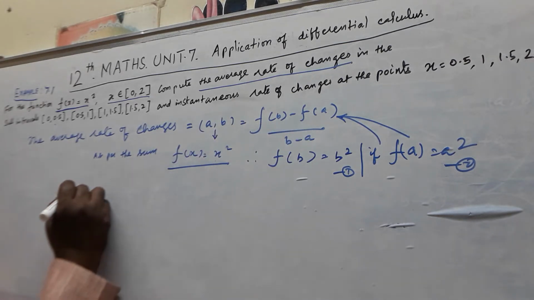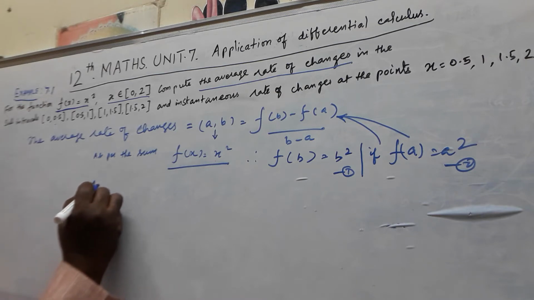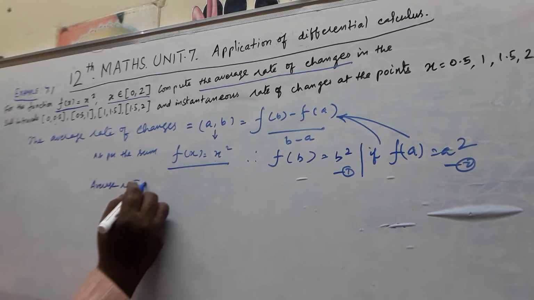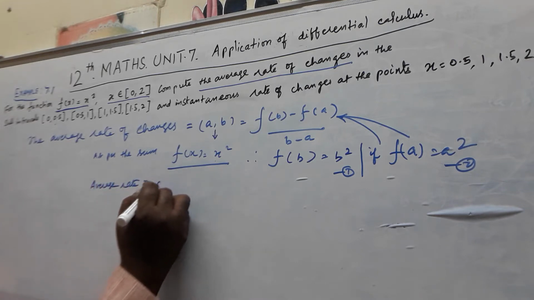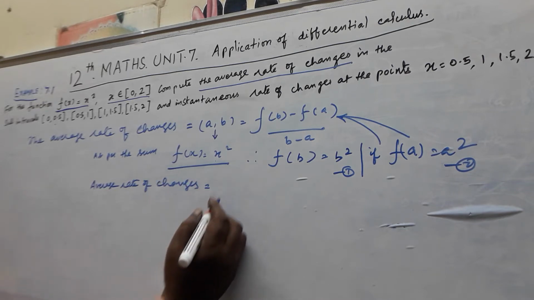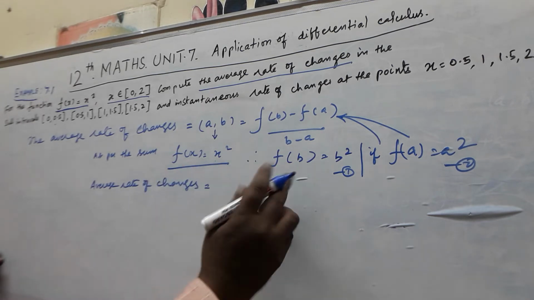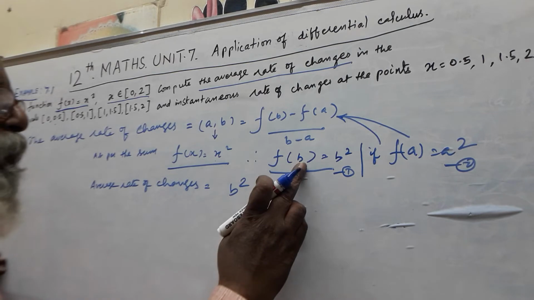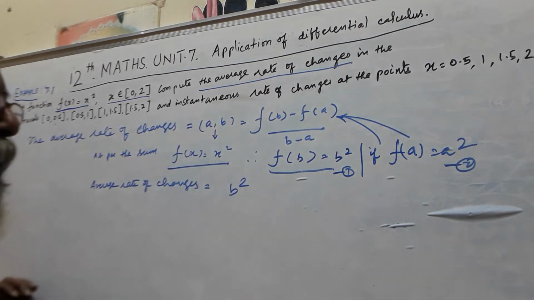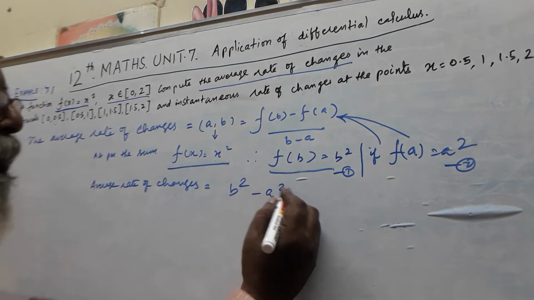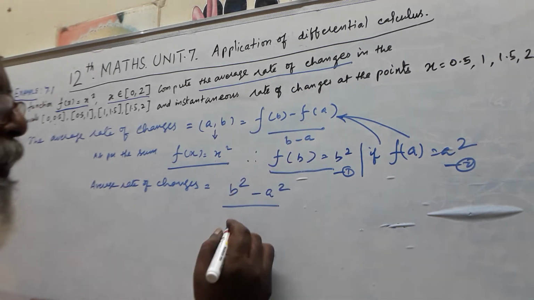Then the average rate of change is given by f of b equal to b square. Are you clear? You have to substitute this value, f of b equal to b square. What is minus f of a? Minus a square. What is b minus a? Given.